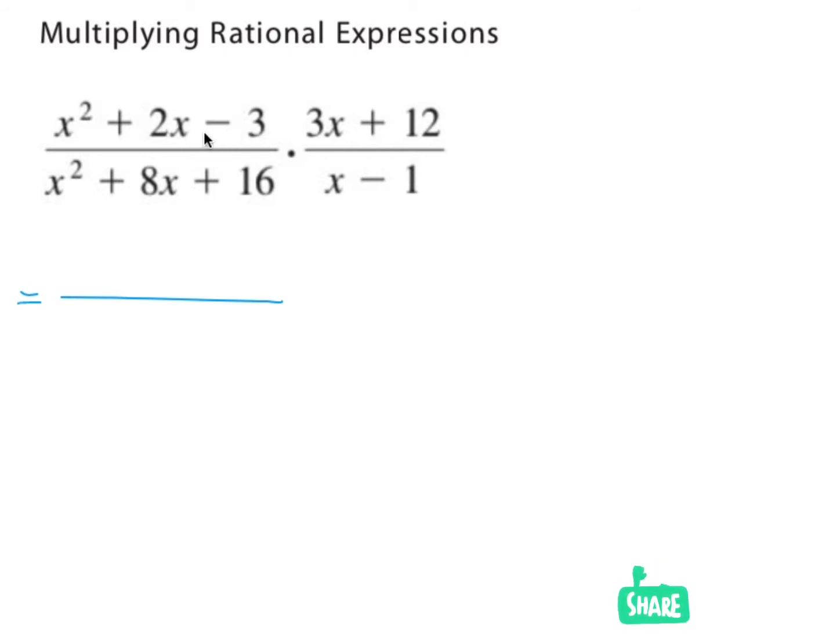This is a quadratic trinomial, so we have to find the product and the sum. The product is -3 and the sum is 2, so we have to choose two numbers whose product is -3 and sum is 2. 1 times 3 is 3, and since the product is negative, the signs are different, and the larger number is positive because the sum is positive, so the smaller number is negative.